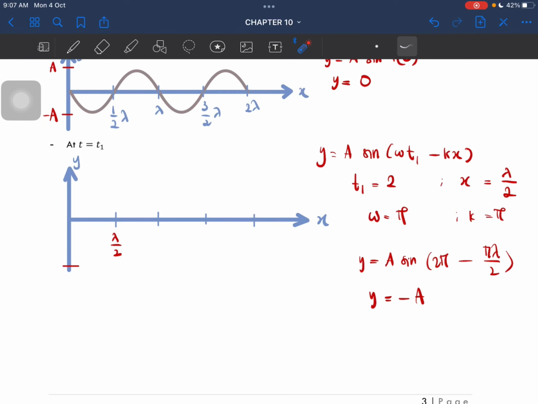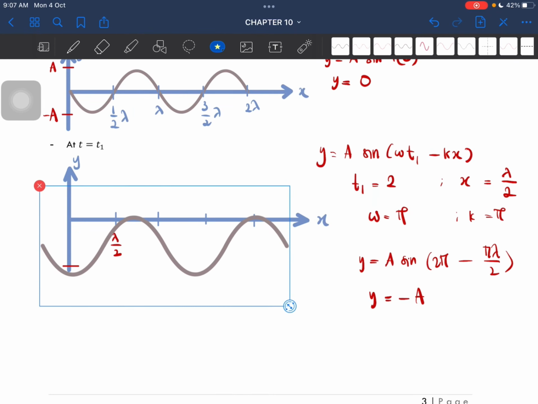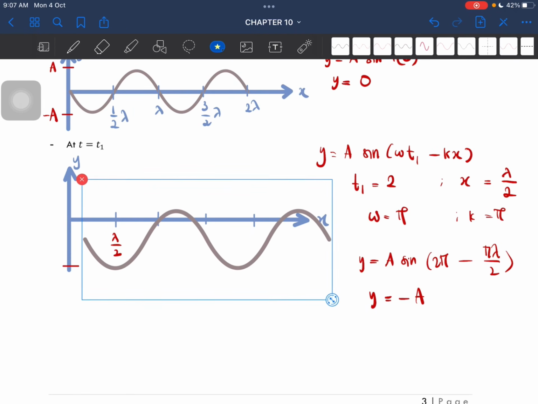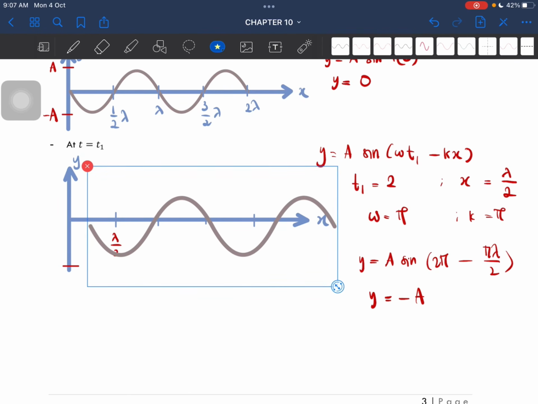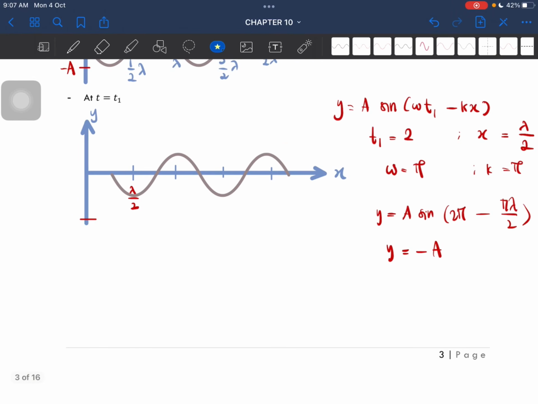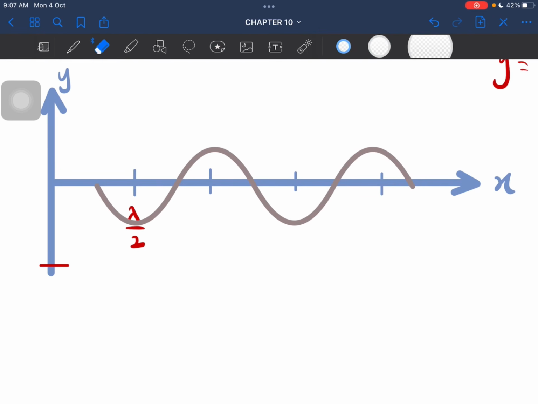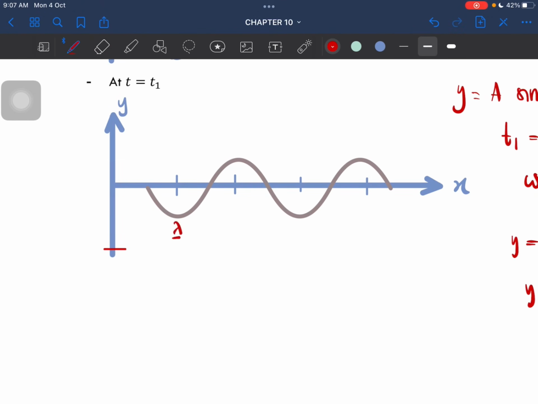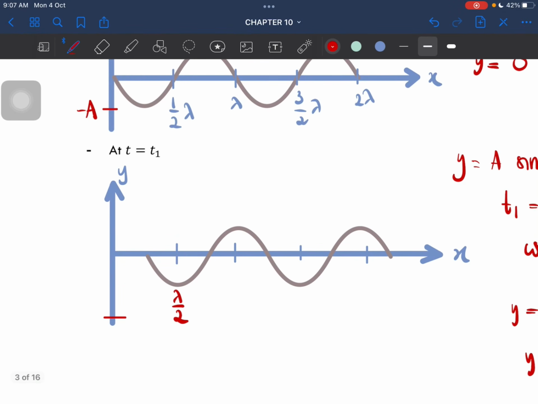Okay, so if we were to draw that, we can already see where its position is. Okay, so actually the graph is like this. So here it says pi over 2, lambda over 2.